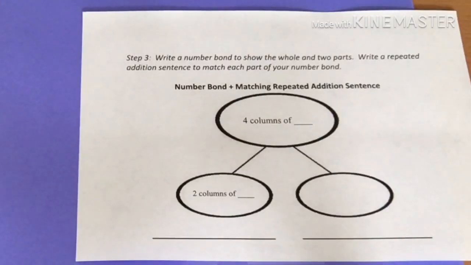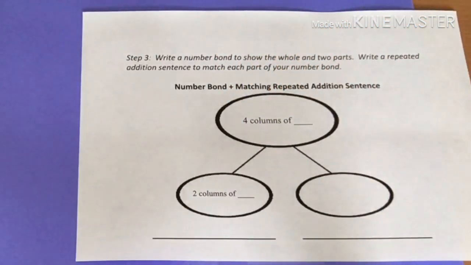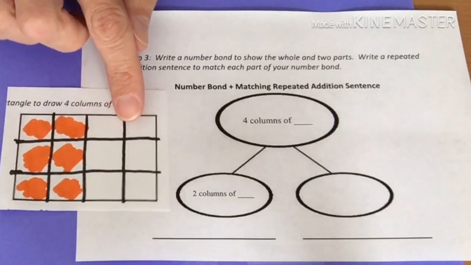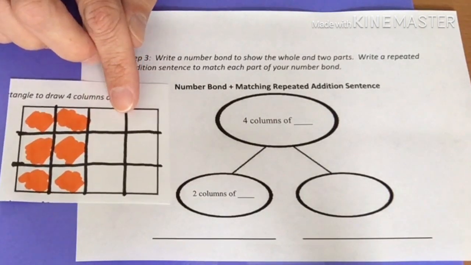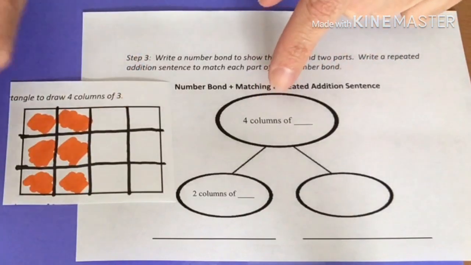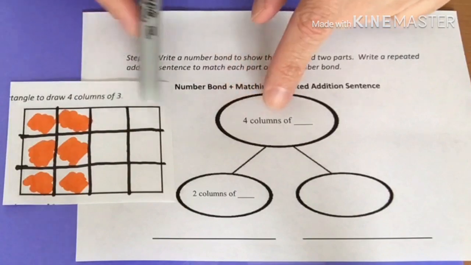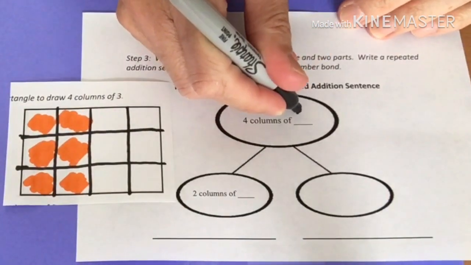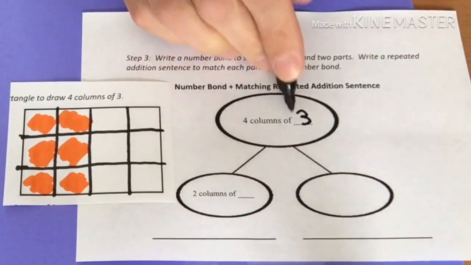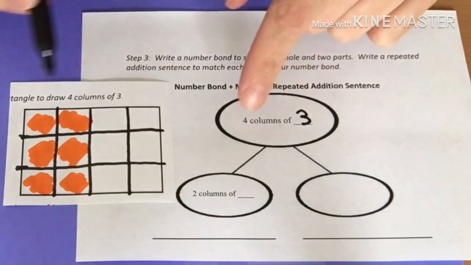The last step is to complete the number bond here that they use to decompose the rectangle that we just did on step 2. So at the top is the original big rectangle that we had. That is 4 columns of 3 rows each. So you write 3 here, 4 columns of 3 rows, or 4 columns of 3.